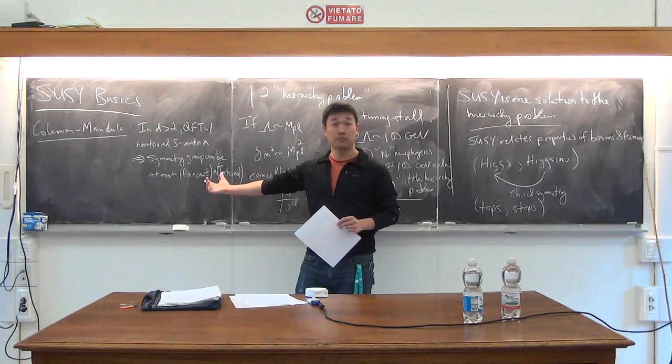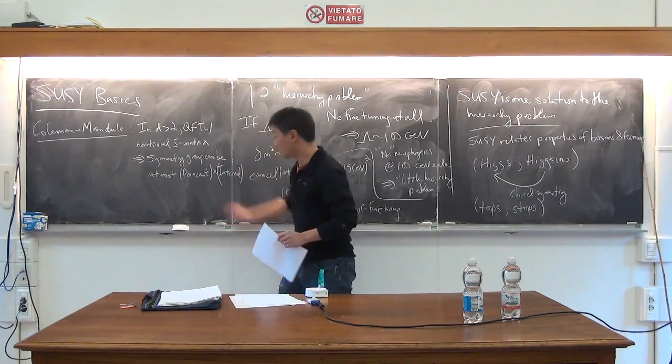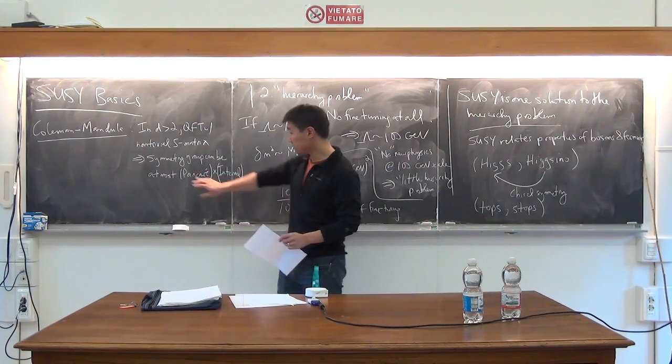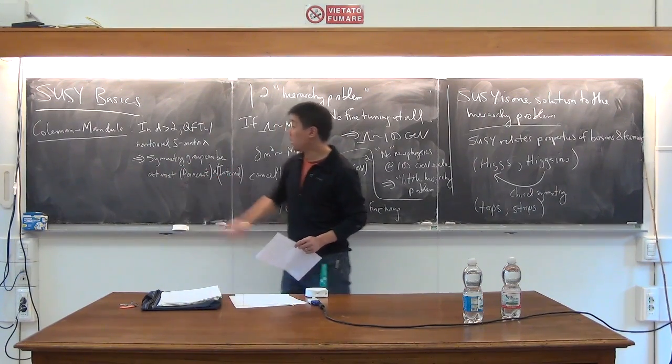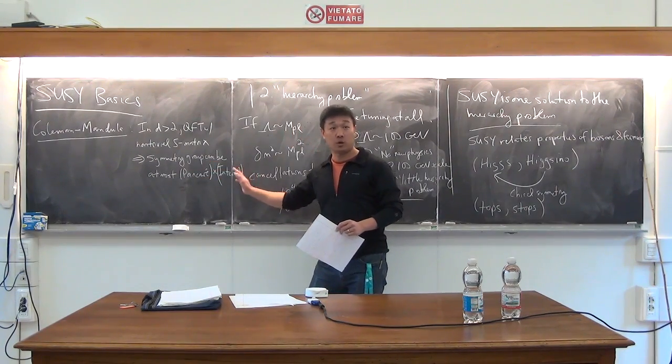So what's a Poincare group, by the way? You all know what the Poincare group is? Lorentz plus translations, right? So the Lorentz group, which is SO(3,1), plus translations. So that's the symmetry group that we all know about. And then, of course, there can be internal symmetries.